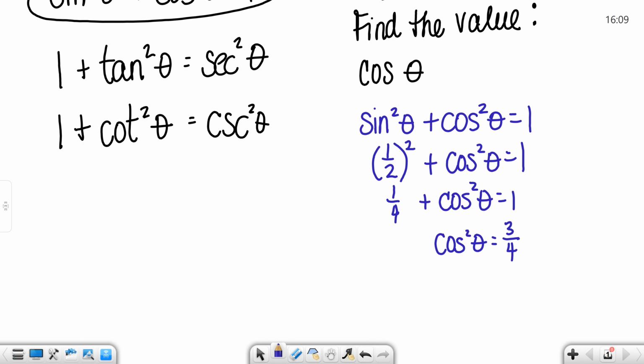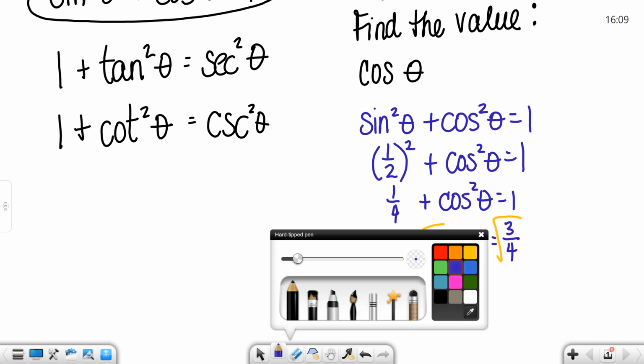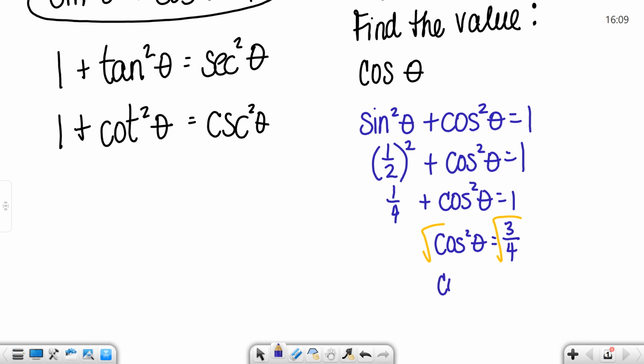Now we take the square root of both sides. When I take the square root of both sides, I end up with the cosine of theta is plus or minus the square root of 3 over 2.